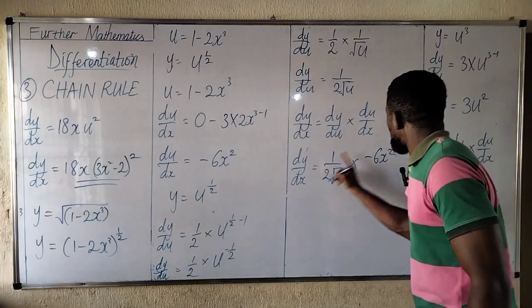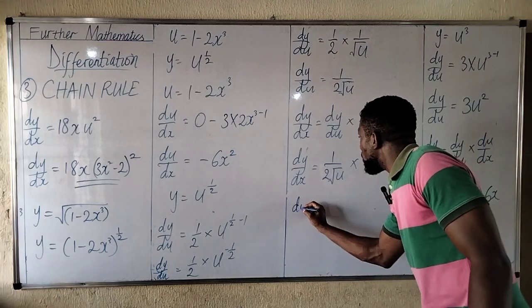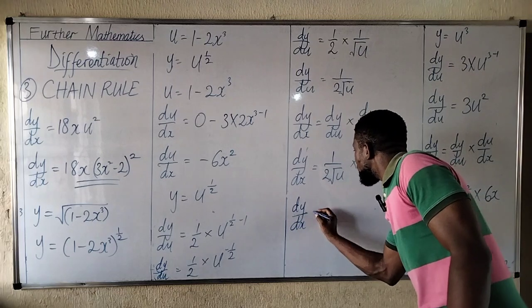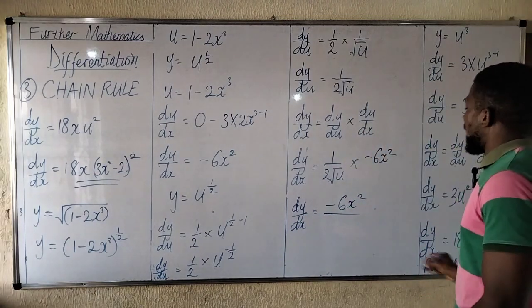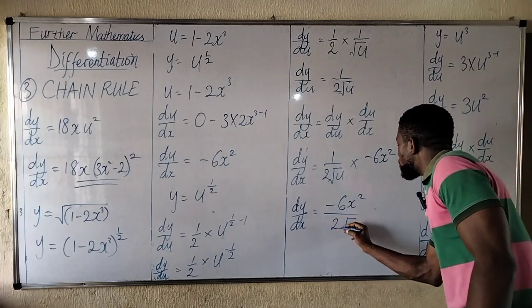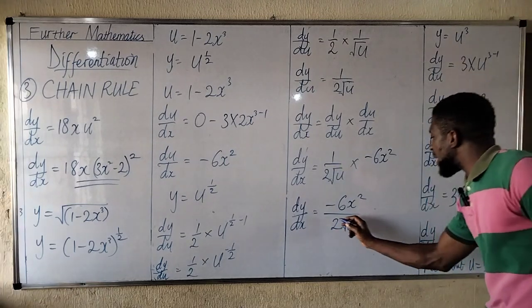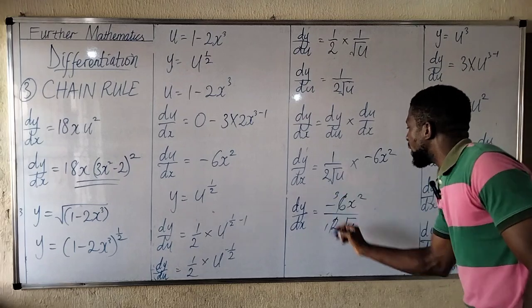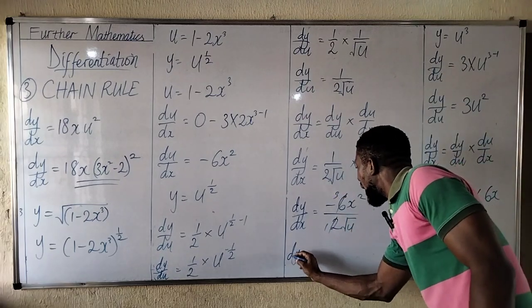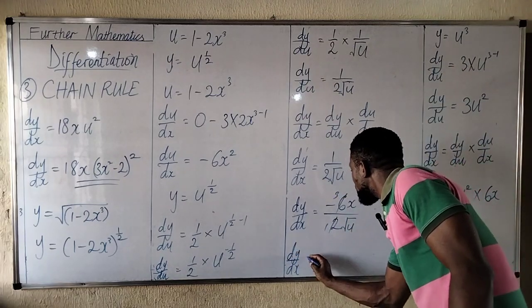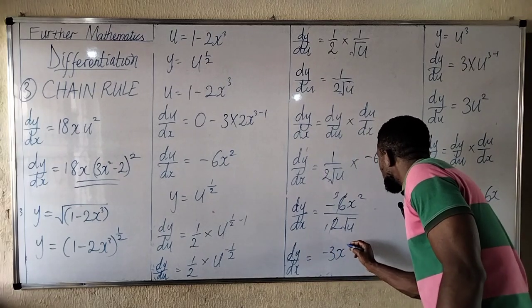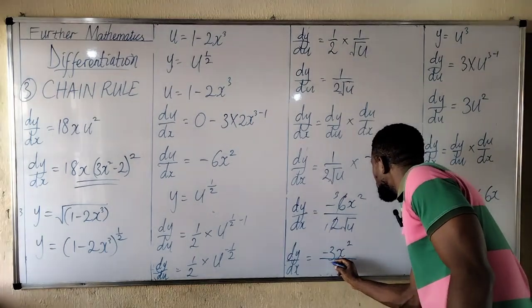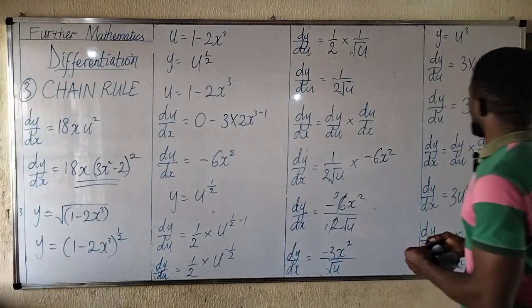So when we multiply these two, we have dy over dx equal to negative 6x squared all over 2 root u. So you can cancel 2 here by 1, and 2 here by 3. So our dy over dx will be negative 3x squared all over root u.